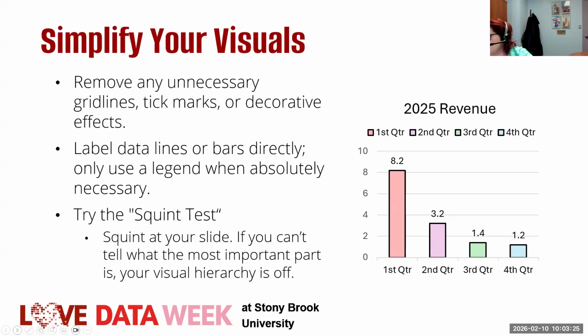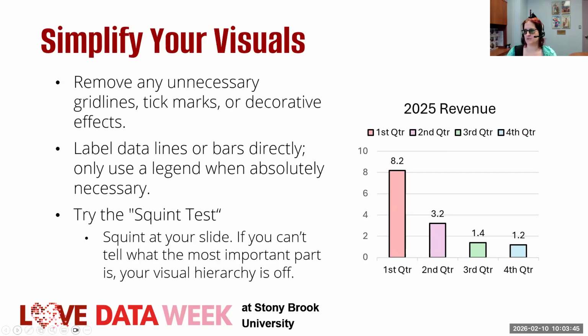On the right-hand side of my slide, I have a sample of an accessible piece of data. There are grid lines, but they're super light, simple, kind of in the background. The real emphasis is on each of the bars in the chart.